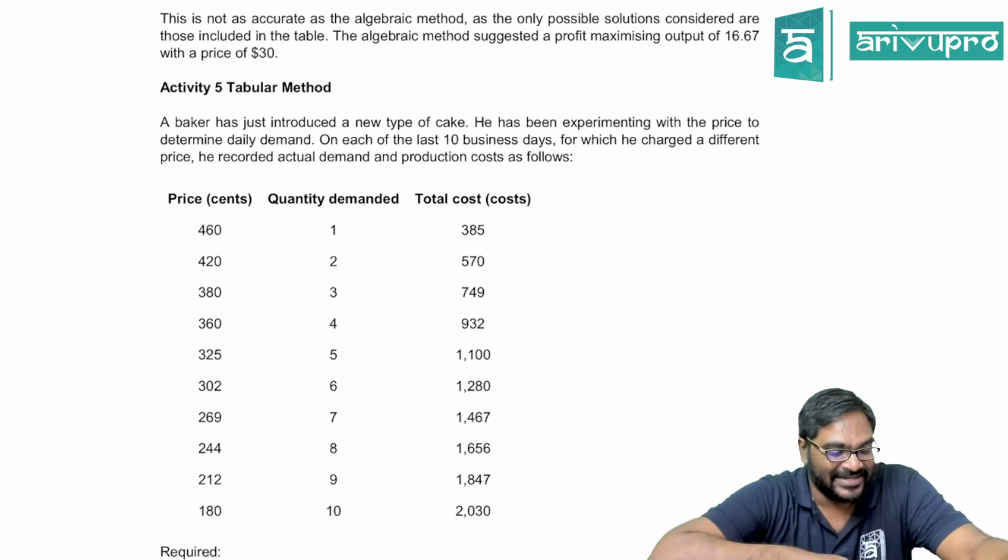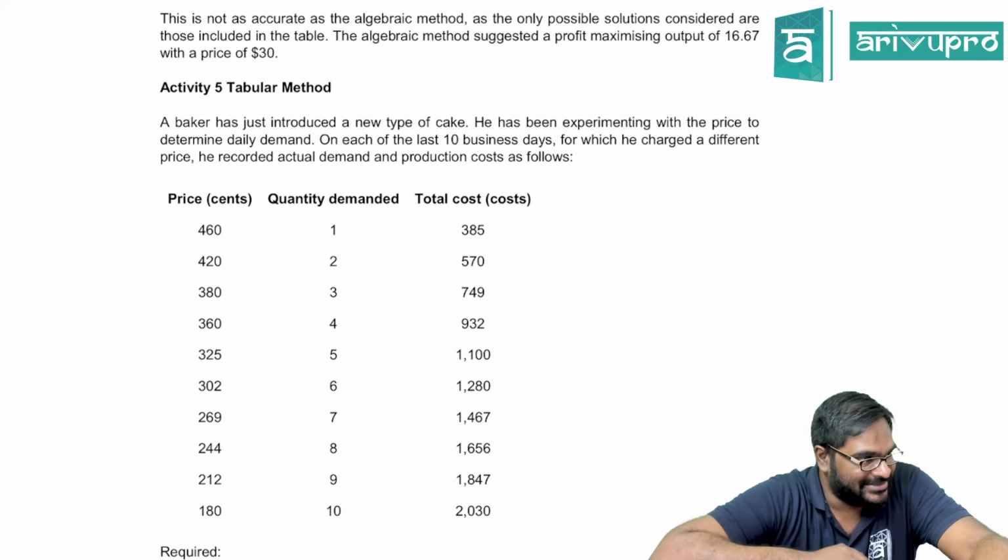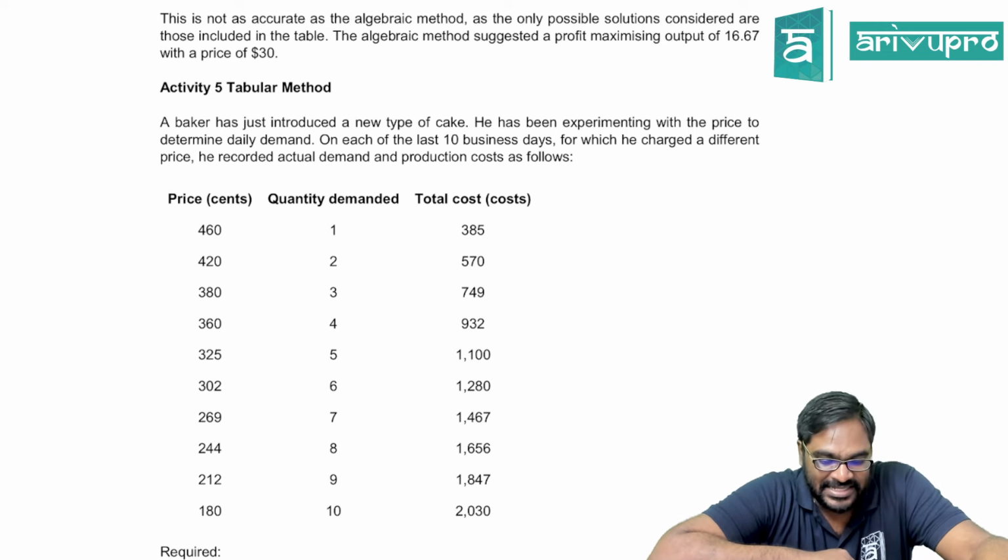So then we have another example for the tabular format. We have a baker who has just introduced a new type of cake. He has been experimenting with the price to determine daily demand.